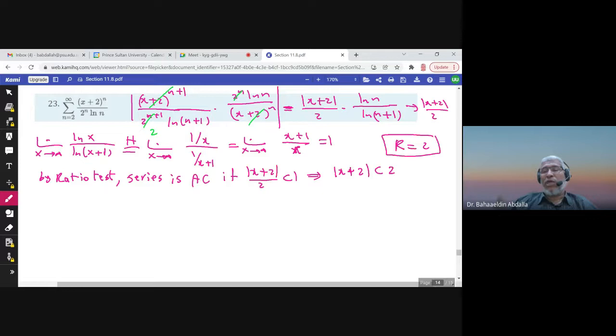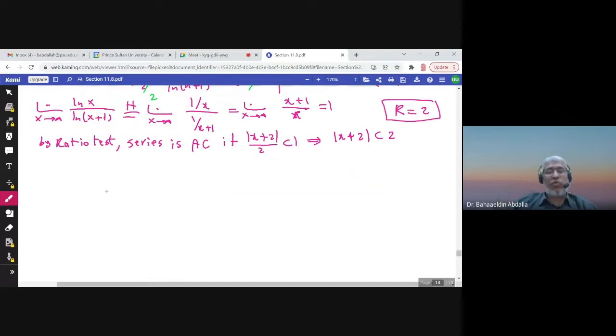And this means that the radius of convergence is 2. And x plus 2 is between negative 2 and 2. Add negative 2 to all sides. Discuss the two cases at the endpoints.